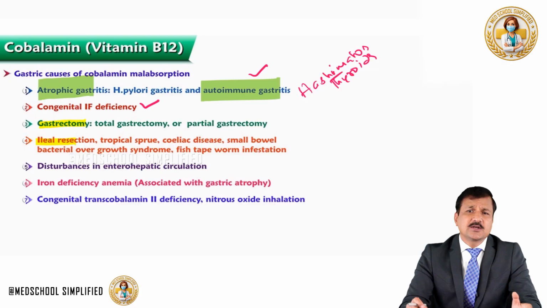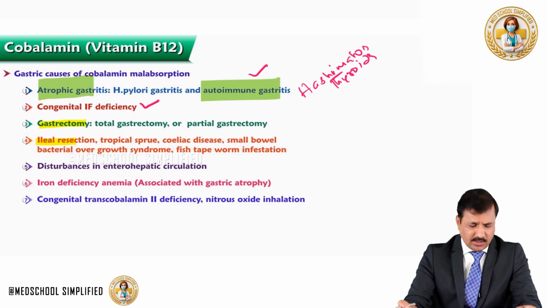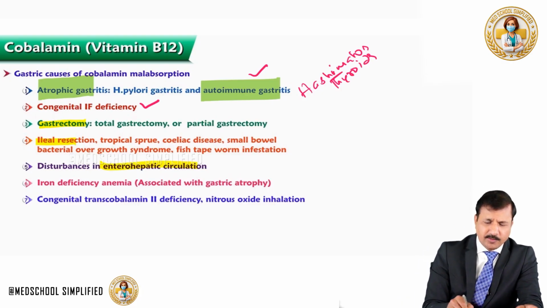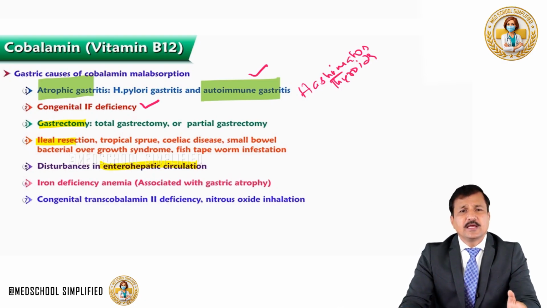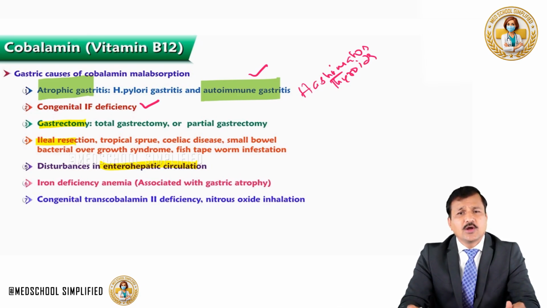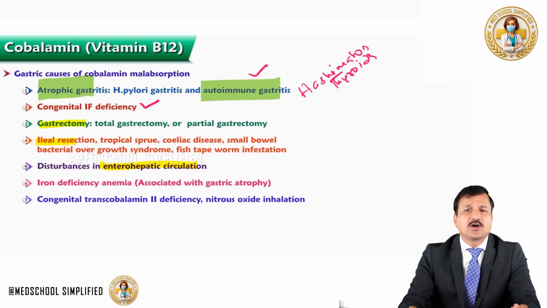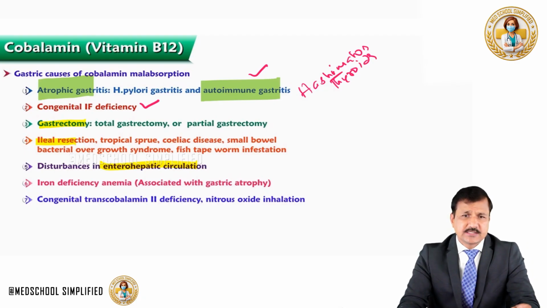Or it can be disturbance in the enterohepatic circulation, because cobalamin is also secreted in the bile and returns to the systemic circulation through enterohepatic circulation. Disturbance in this circulation has a major effect on vitamin B12 status.